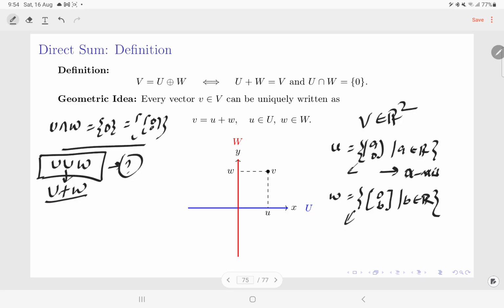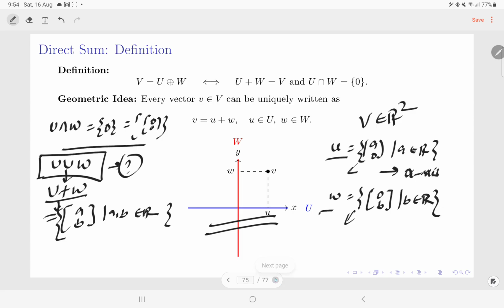First, what will be U plus W? It is (a, b), where a and b are elements of R. Let me write it as a set. So this is your R2 space, which is the direct sum of U and W.